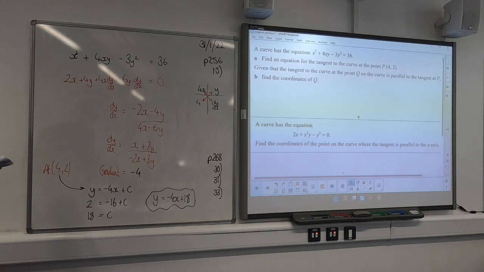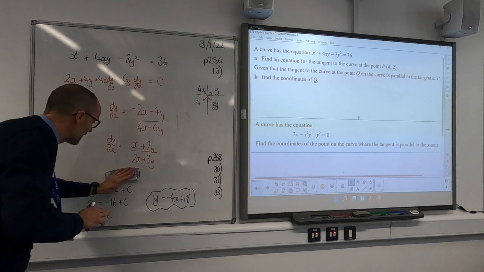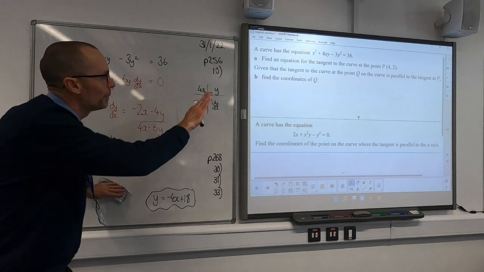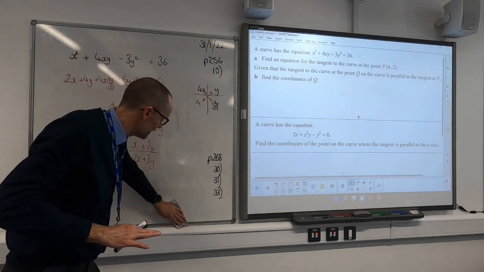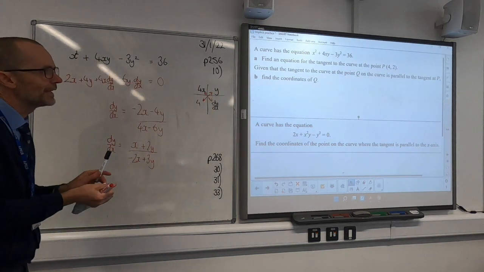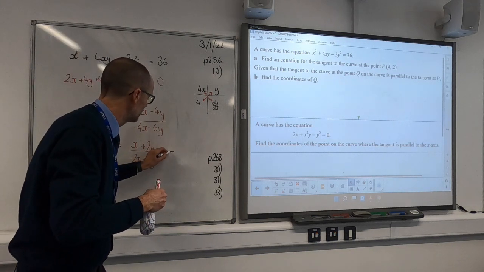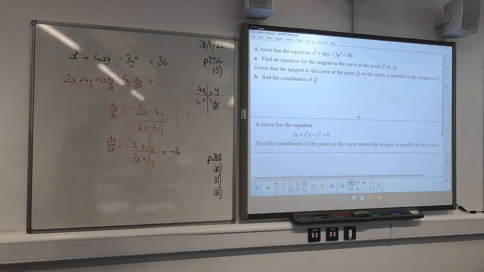We know about the point 4, 2, but there's another place where this gradient equals -4. Find that place.